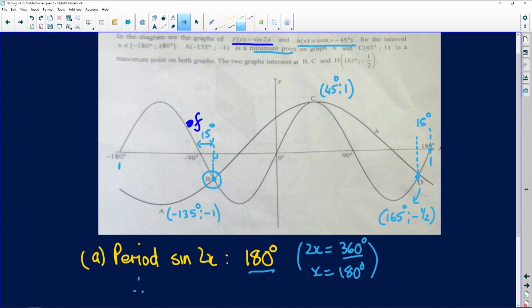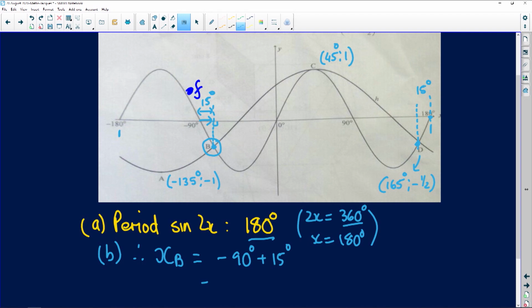So you're going to say immediately for part B, the x coordinate for point B will be minus 90. Now look at how I'm going to write this. I'm going to go 15 to the right, so plus 15. And you should be able to do this without your calculator. It will give you a result of minus 75 degrees for the x coordinate of that point.